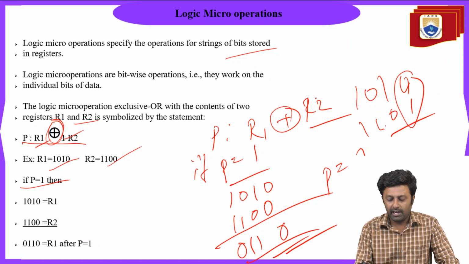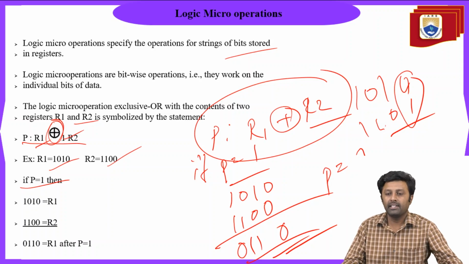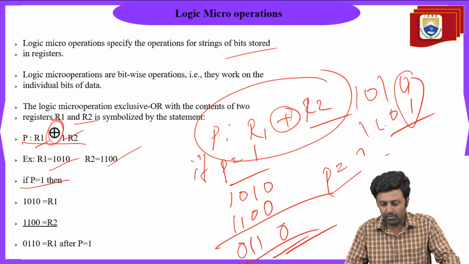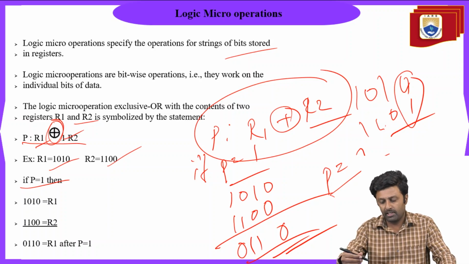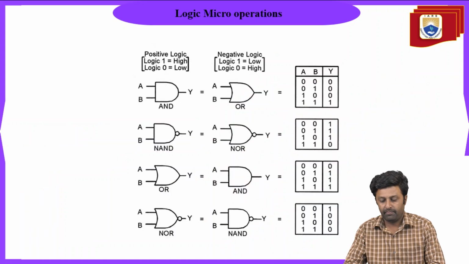So if we write P: R1 XOR R2, with the condition that P equals 1, the logical operation will be performed. In the logical microoperation, the operations are performed bitwise as shown here.